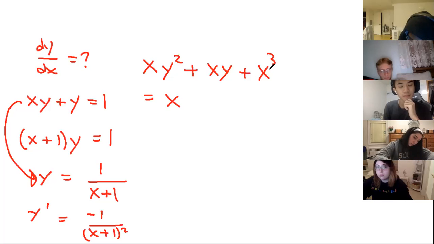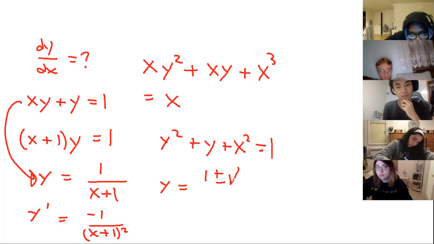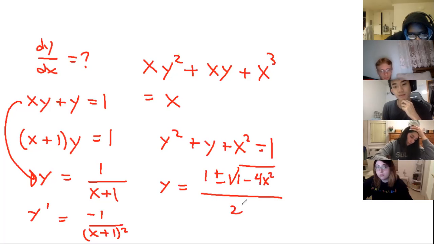If x is not 0, I can divide by x, and I say maybe this is y squared plus y plus x squared equal to 1. Maybe I can do that, and then I'm solving the quadratic equation. There are two solutions, plus or minus, two possible functions here. y equals 1 plus or minus root of 1 minus 4x squared, divided by 2. So I can still obtain a formula here.